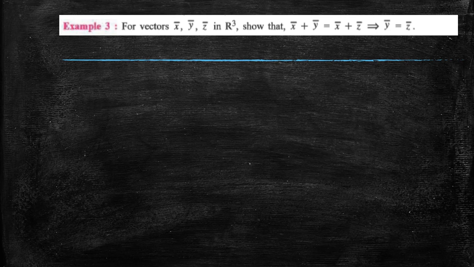So over here what they ask you to do is take 3 vectors in which the elements of Y and Z will be the same.